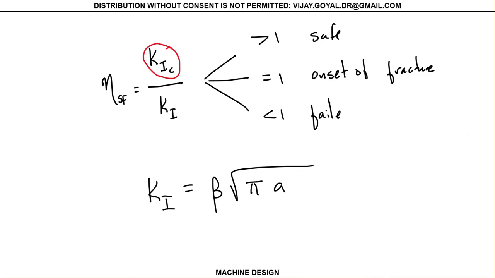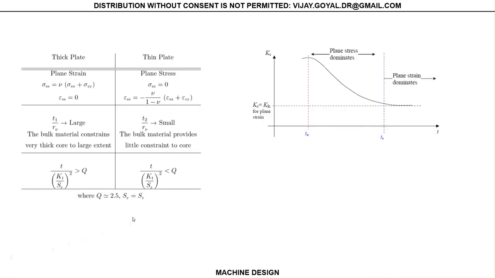Okay, so to do that, let's again, you're going to have two different types of analysis if you're working a thick plate or a thin plate. A thin plate is plane stress, a thick plate is plane strain, and in this particular case, what is important is this parameter right here. Your Q is equal to 2.5.